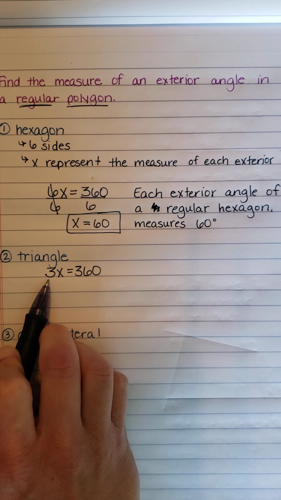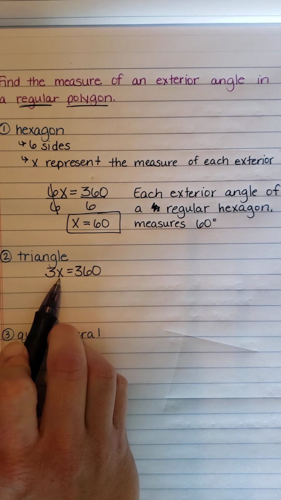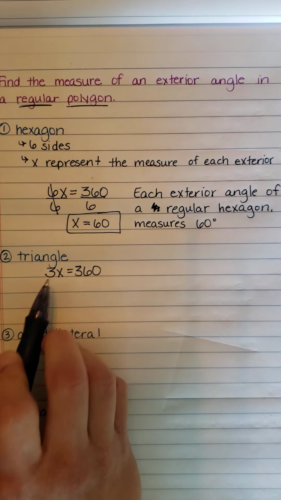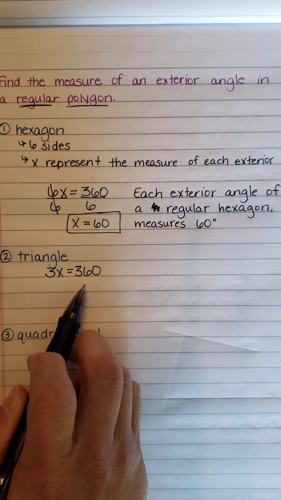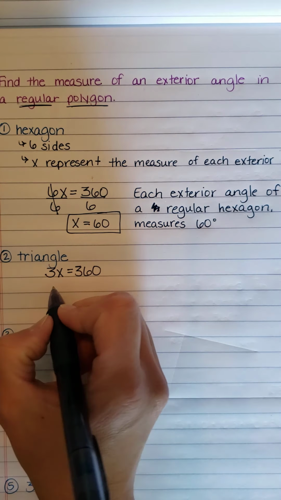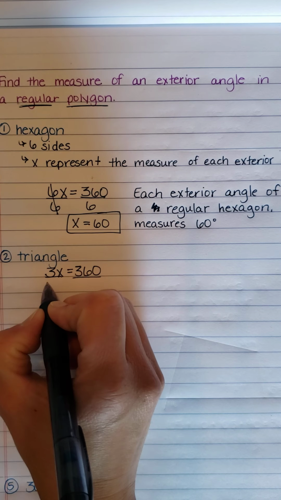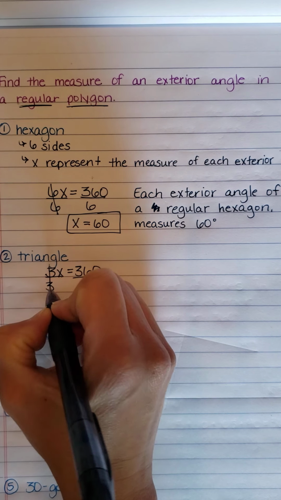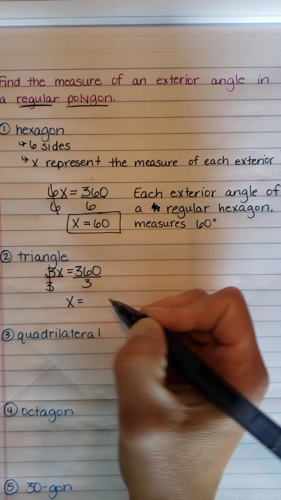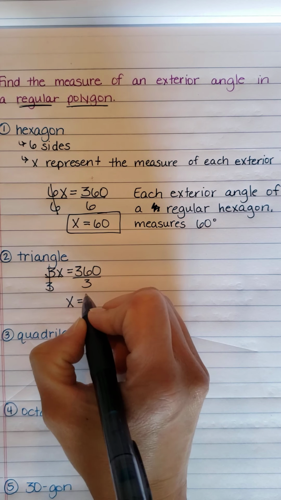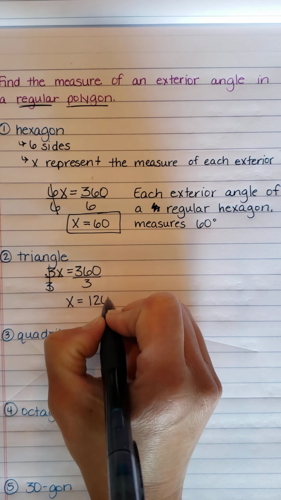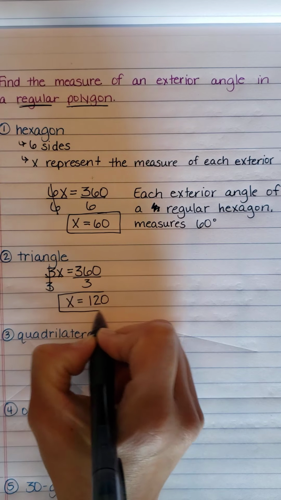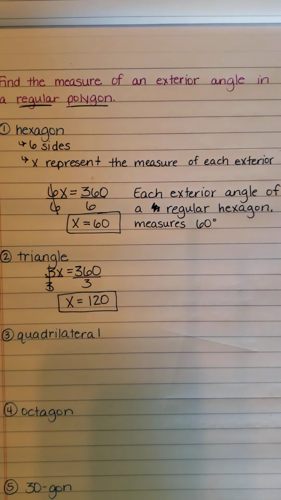Okay, so I'm going to solve for x. I'm going to divide each side by 3. 3 divided by 3 is 1, so that leaves me x equals 360 divided by 3, which is 120. So in a triangle, the measure of each exterior angle is going to equal 120 degrees.